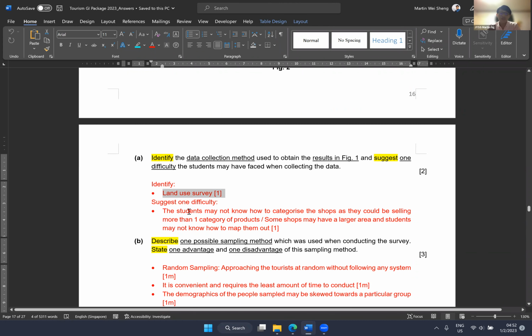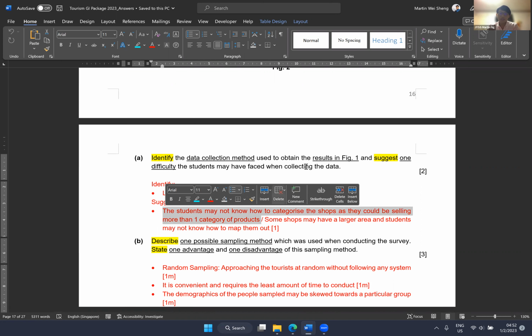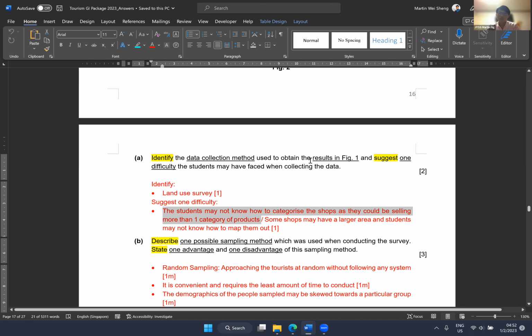Okay, suggest one difficulty. So over here, you can answer anything that is related to the scenario that is given to you. So for example, the student might find it difficult to categorize the shops, as some of the shops could be selling more than one category of products.